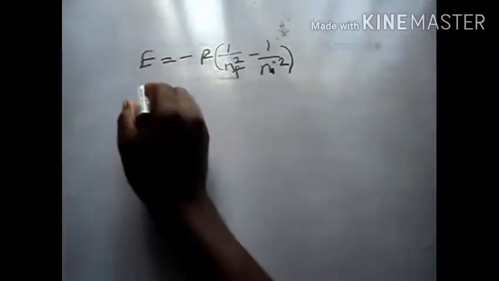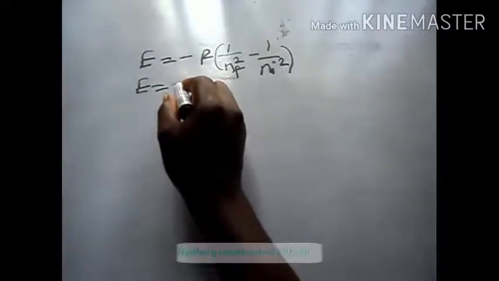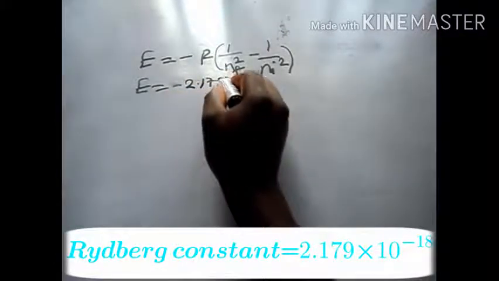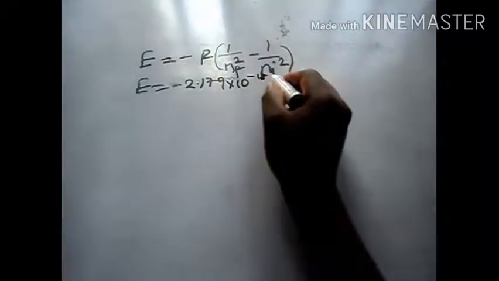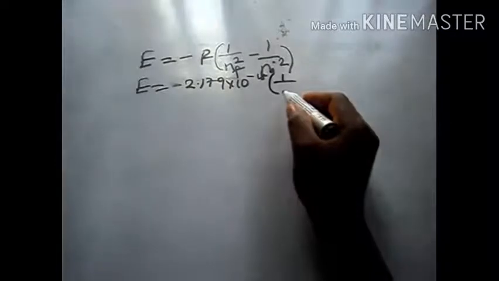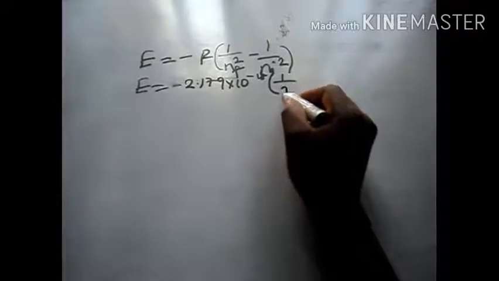So here we have E equal to, the value of our Rydberg constant is 2.179 times 10 raised to power minus 18, and our bracket 1 over n final, n final is 2 because it's moving from n equals 4 to n equals 2.